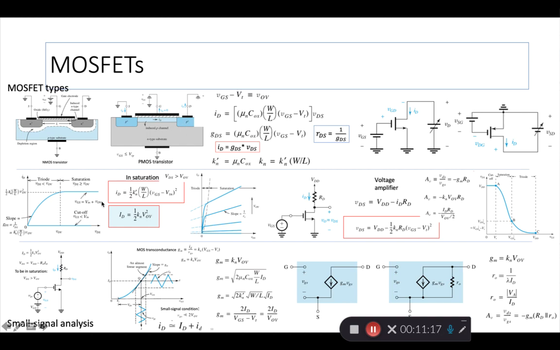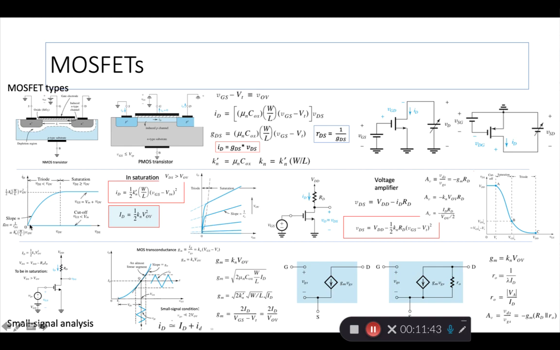In the middle, I start with introducing the graph that relates the ID, the current, to the drain to source voltage at a fixed VGS. So if you fix the gate to source and you vary the drain to source, this is how the drain current changes.